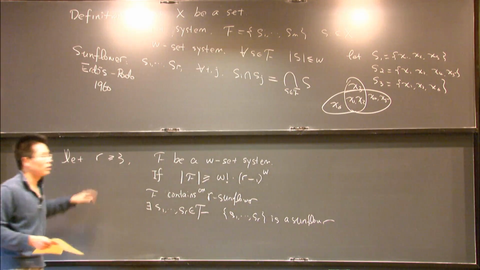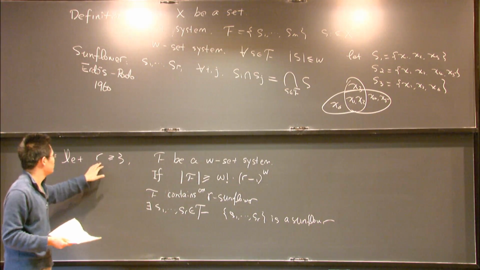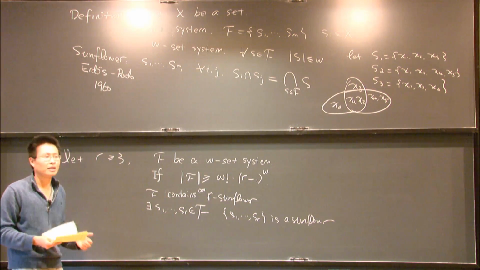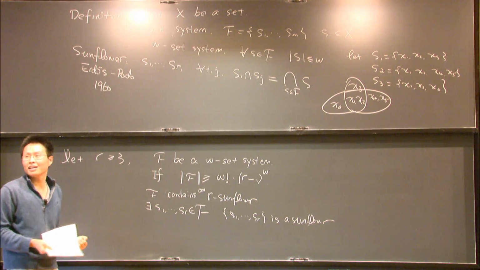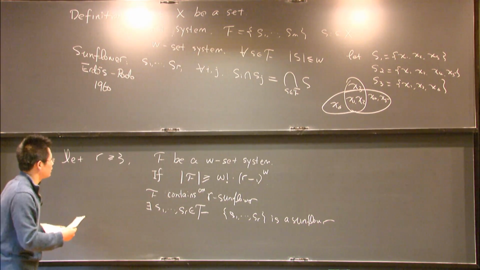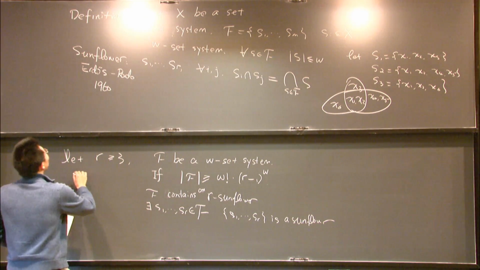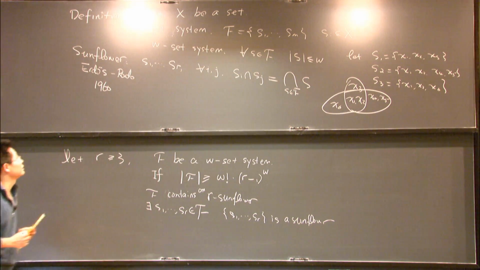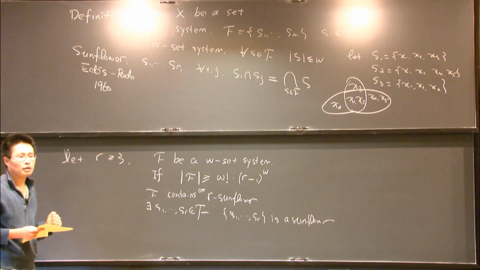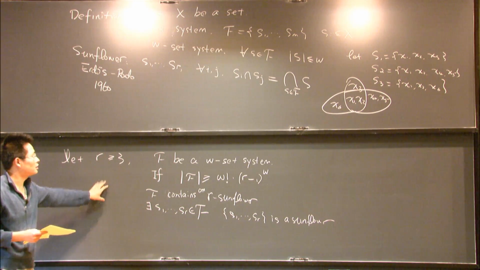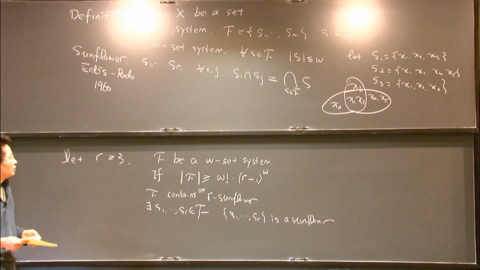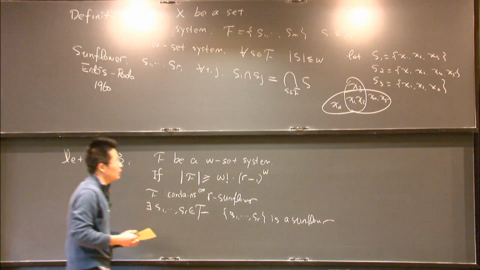Here we want r to be larger than 3. If r is 2, it's kind of trivial. So this is the sunflower lemma, which was proved by Erdős and Rado in 1960.